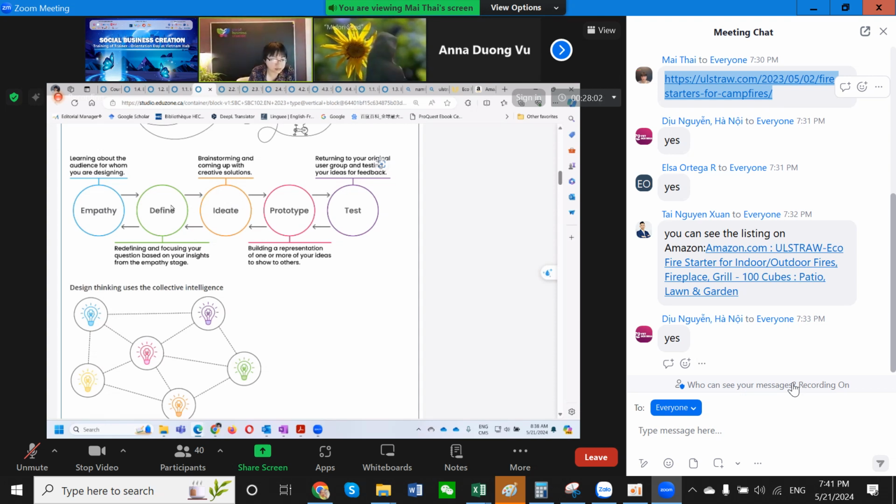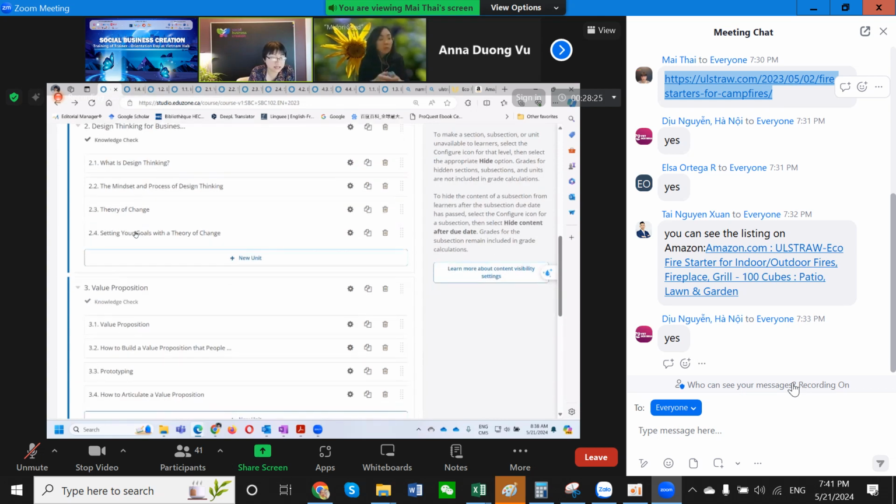Then you have to brainstorm on the solutions for your product. What can it do? How does it excel in the market? Then you create a prototype and you test it to get insight from users of your product. So this stage is very important when you design a product; it is about design thinking.